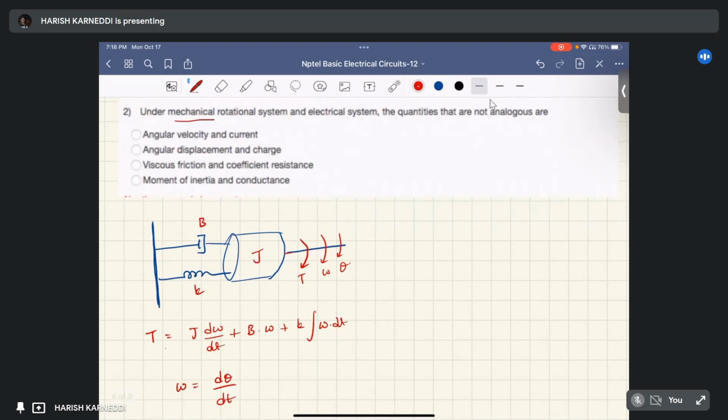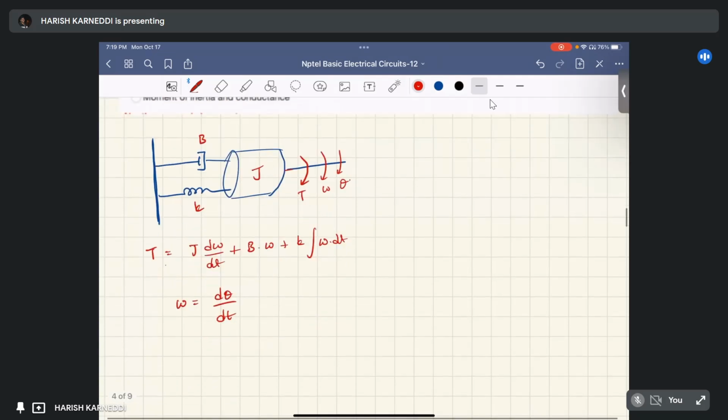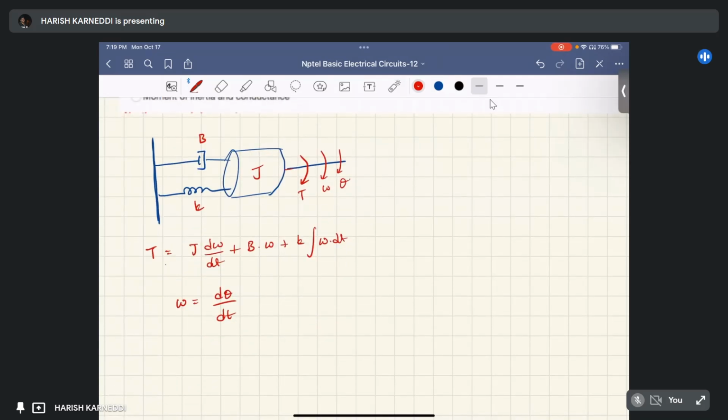First we wrote the equations for the mechanical rotational system, and we need to write the analogous electrical systems. In electrical, we can represent the same in two ways. First, we will represent it in simple voltage form; you can consider a series RLC network.